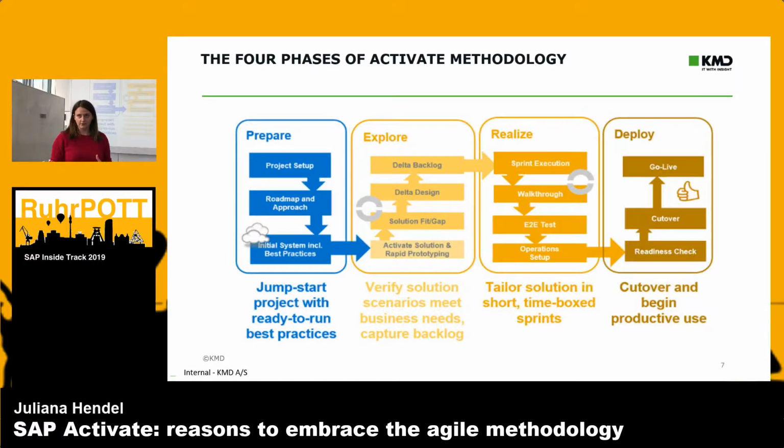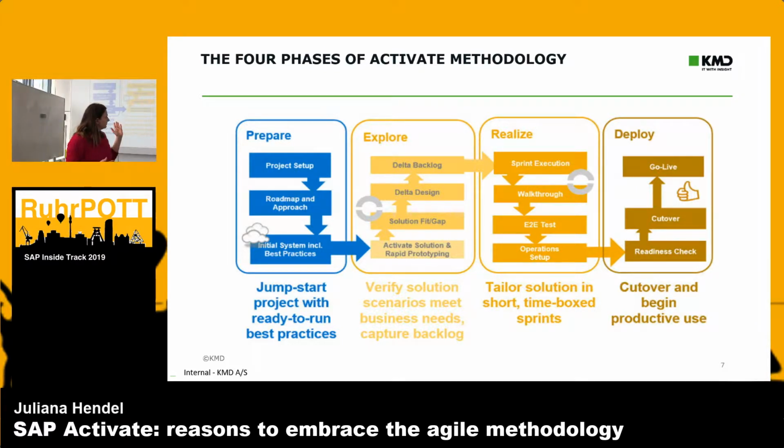We will be working in iteration cycles called sprints. We use mostly Scrum in the realize phase as our method of developing our functionality. We will conduct multiple walkthroughs, testing, and end-to-end testing, and we will start preparing for those activities.